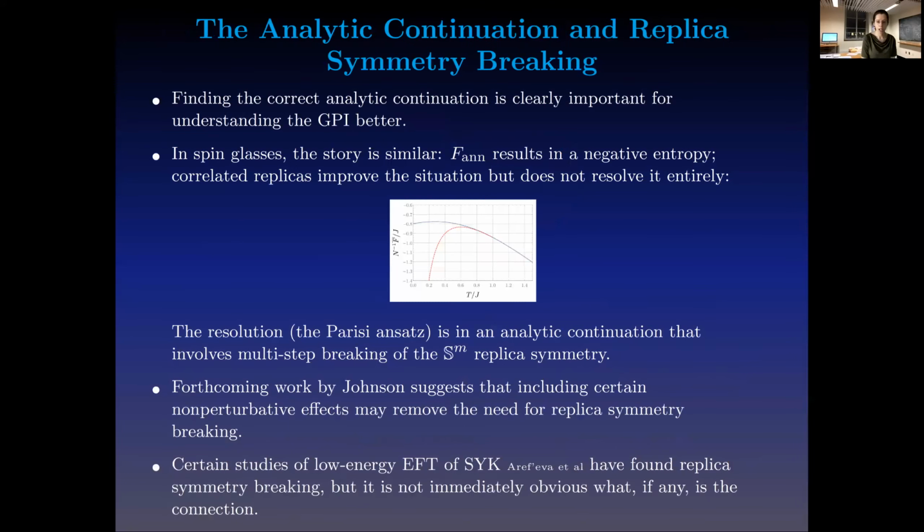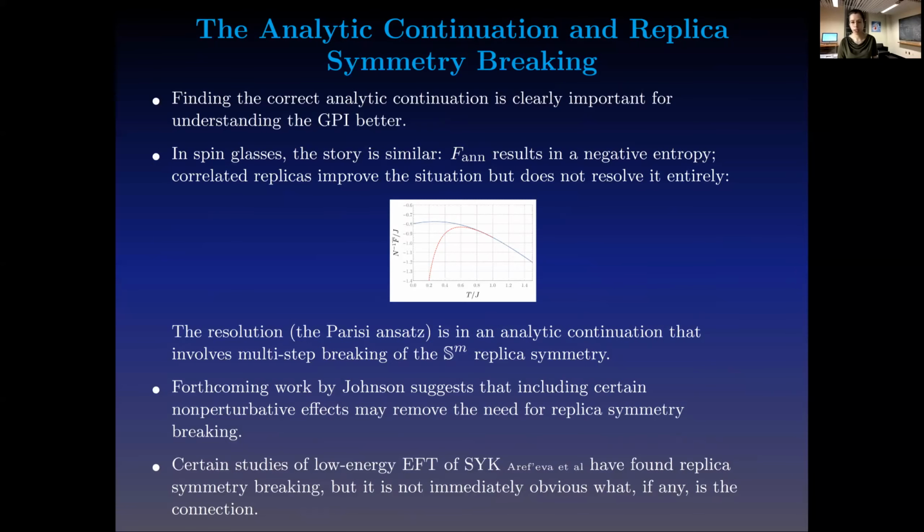So let me make an analogy here now with spin glasses. As I mentioned just now, finding the correct analytic continuation is clearly very important for understanding the gravitational path integral better, which in turn informs us about various different aspects of quantum gravity, the black hole information paradox being one. Now, there's a very tantalizingly similar story in spin glasses.